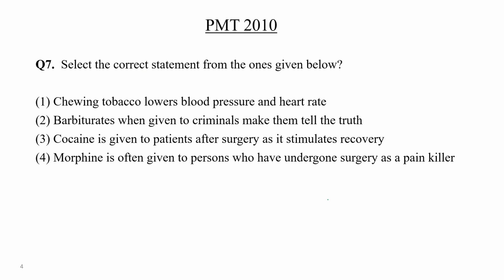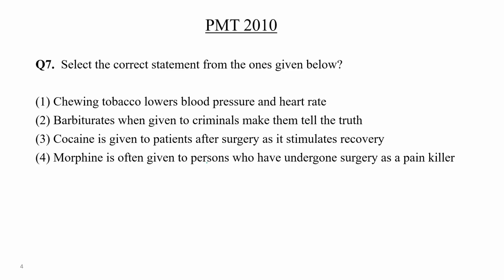Now, question number 7. Select the correct statement from the ones given below. Chewing tobacco lowers the blood pressure and heart rate. Barbiturates when given to criminals make them tell the truth. Cocaine is given to patients after surgery as it stimulates recovery.